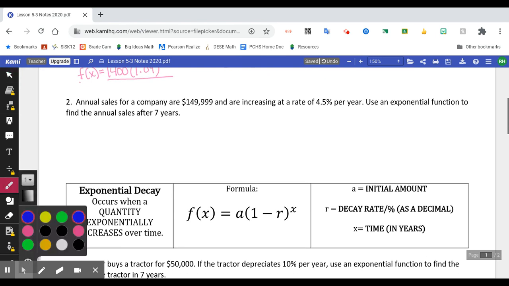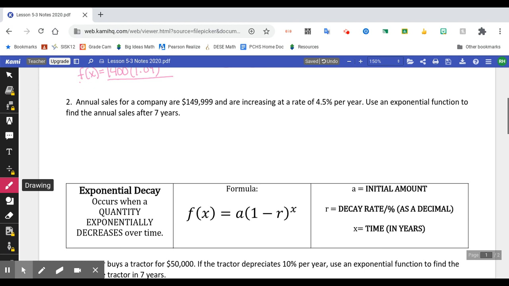So we've got annual sales for a company are $149,999 and are increasing at a rate of 4.5% per year. Use an exponential function to find the annual sales after 7 years. Okay, so again, here we go.